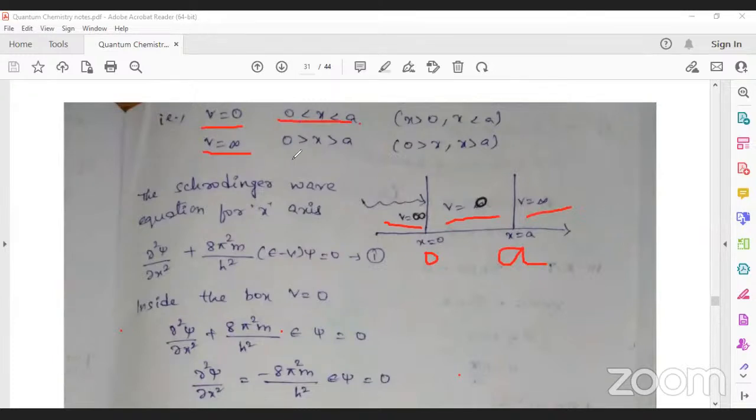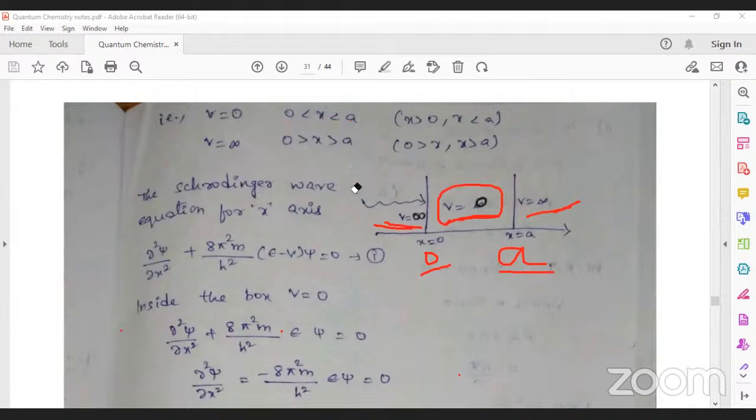Or when V = infinity, that means x < 0 or x > a. At that time the potential will be infinity. Only in between these the potential will be 0. These two are the boundary conditions. With the help of these two boundary conditions, we are going to prove the particle in a one-dimensional box.